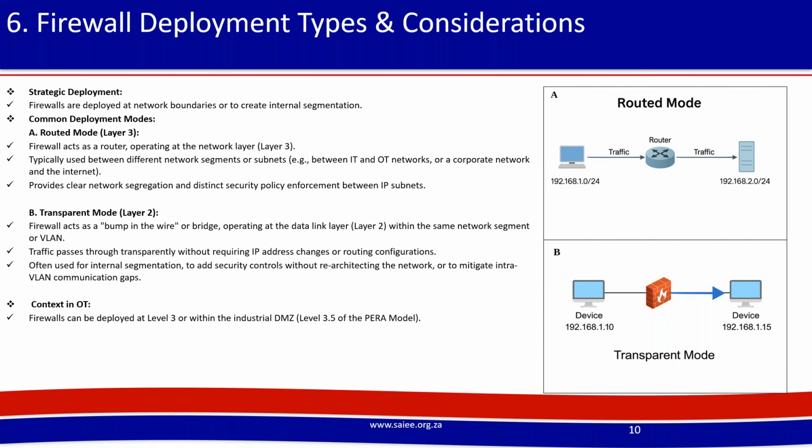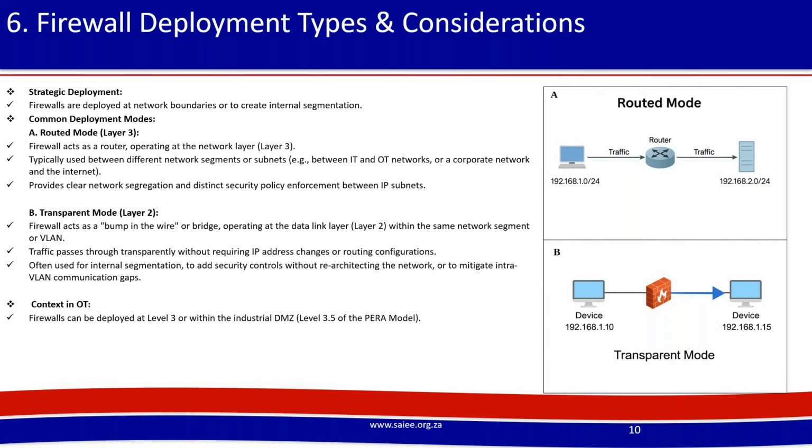Okay, when you're looking at the deployment types and considerations, the effectiveness of a firewall depends not just on its capabilities, but also on how and where it's deployed. We typically deploy firewalls at the network boundaries or to segment internal networks into smaller, more manageable security zones.